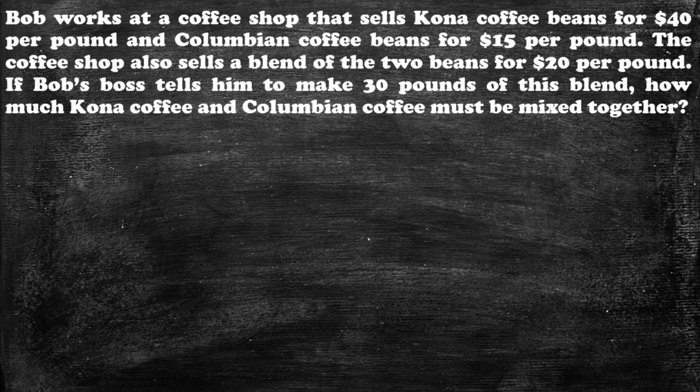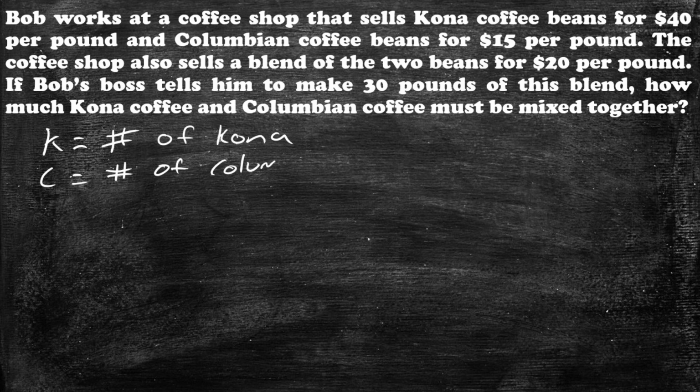So I'm going to let K here equal to the pounds of Kona coffee. So pounds of Kona. And then C is equal to pounds of Colombian. All right. And now what we want to do is try to figure out two equations so we can have a system and solve.